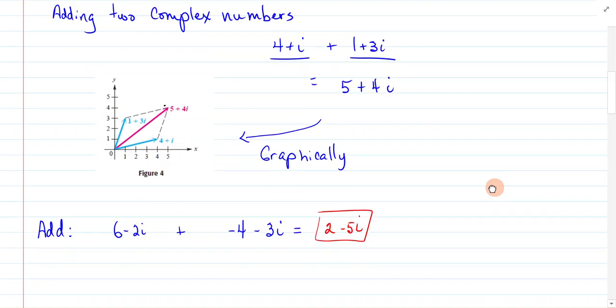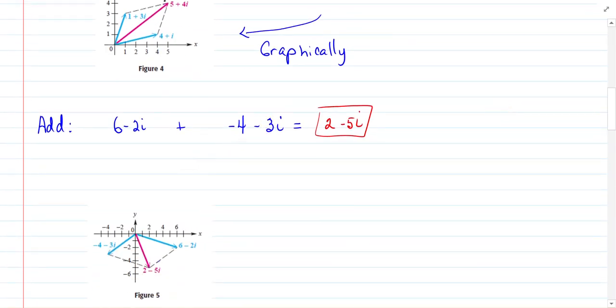If you were adding 6 minus 2i plus negative 4 minus 3i, you get 2 minus 5i. Same idea. You have your two blue lines, you go parallel to those, and wherever that meets, you get the answer.